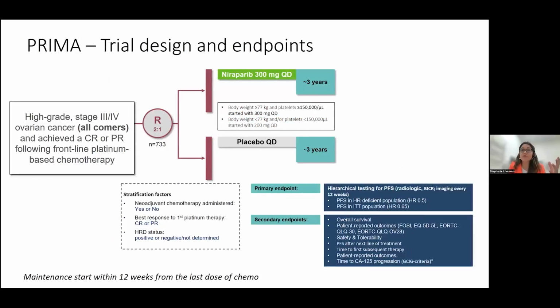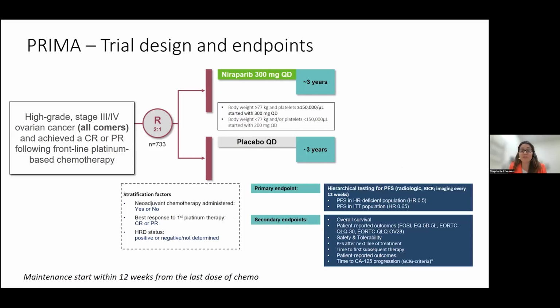But homologous repair deficiency is definitely characterized by BRCA1 and 2 mutation, as expected, but we have seen that HR deficiency can be implicated with other genes or other mechanisms. So this trial was the PRIMA trial, which assessed the same population, but beyond BRCA mutation.